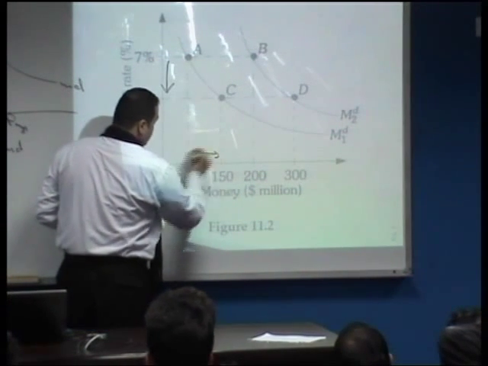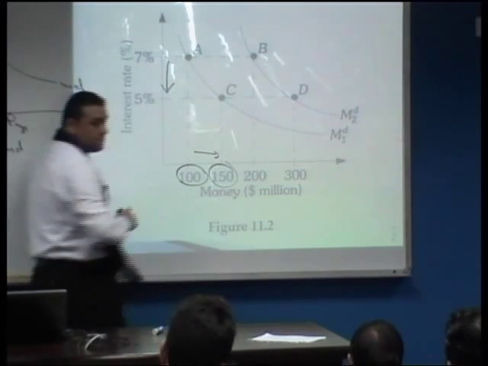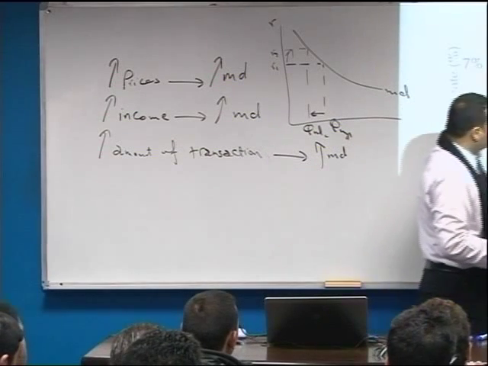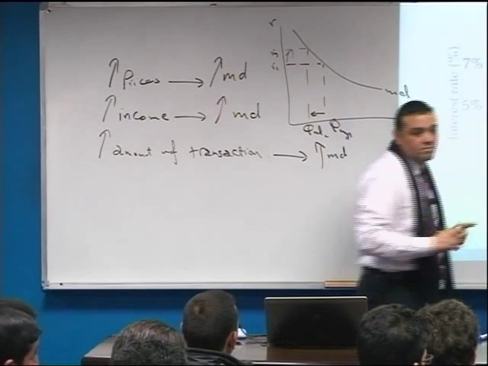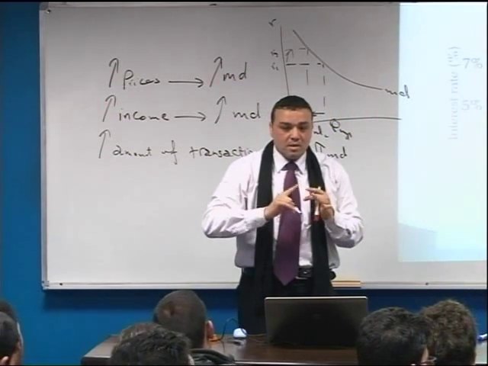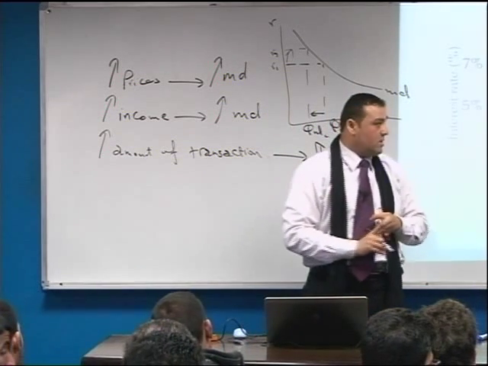Exactly. There is an increase in the quantity of money demanded from 100 to 150. Okay? From C to D, the shifting from C to D may be because of what? An increase in income, an increase in prices, or an increase in the number of transactions.